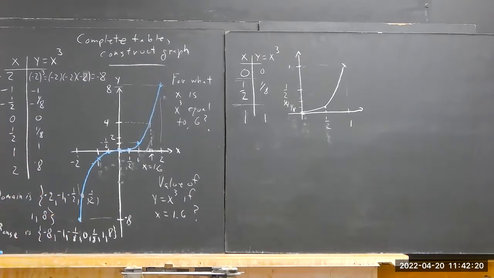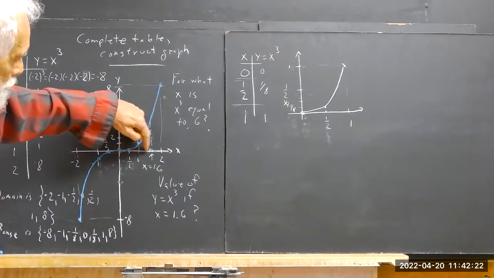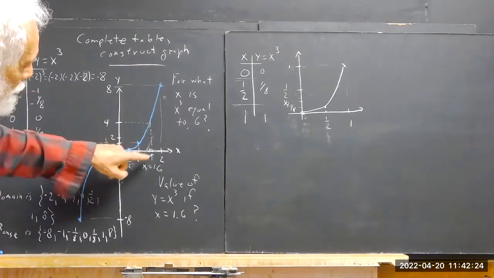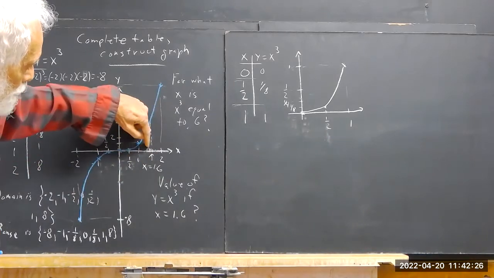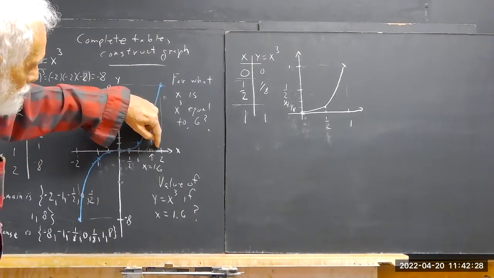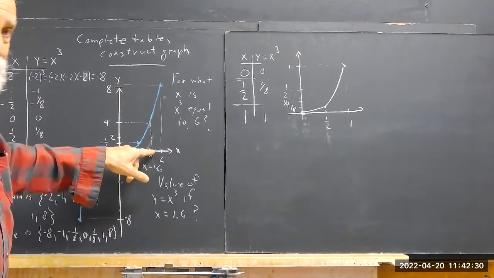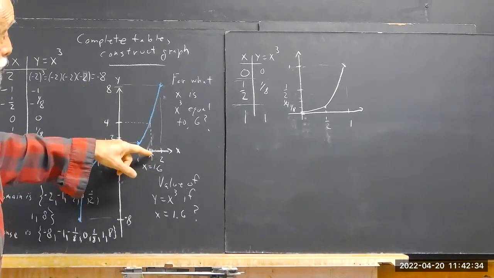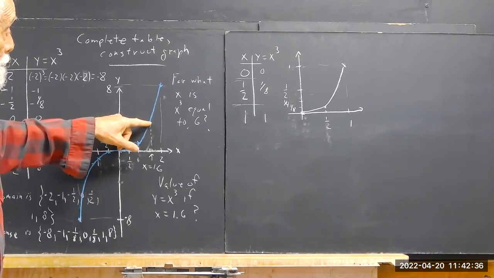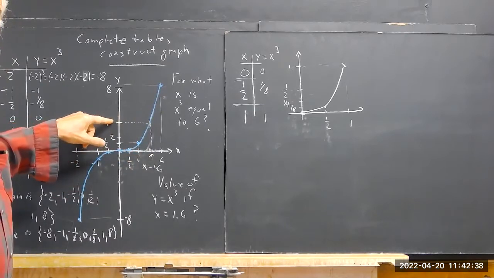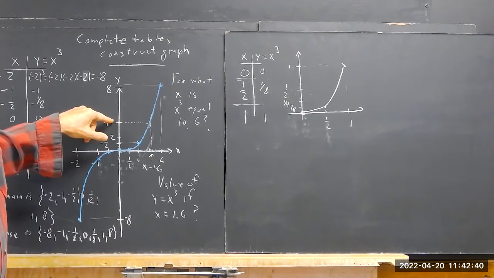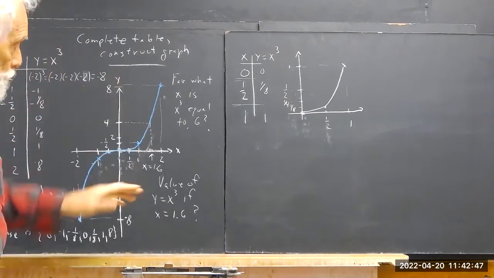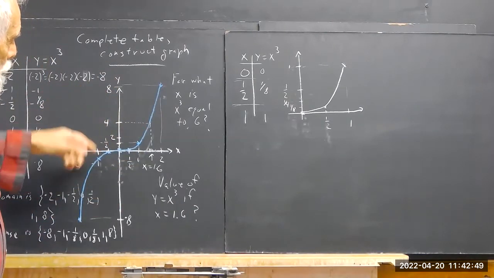Anyhow, just in case I didn't have the camera on, x equals 1.6 occurs about here. I just subdivided this interval in half, then divided this part of the interval into 5 parts. So we have this, okay? Then to see what the y value is, I just go up to the graph and project over here, and I estimated 4. That was a dumb luck, accurate estimate.